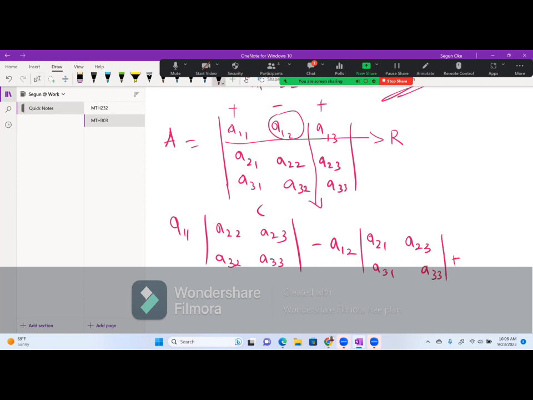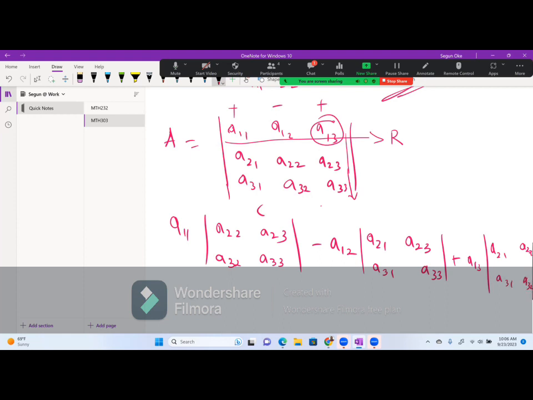Plus, you release this one and pick the last one. So you have A13 now, right? This is positive, this is negative, don't forget from the top. So you have A21, A22, A31, A32.